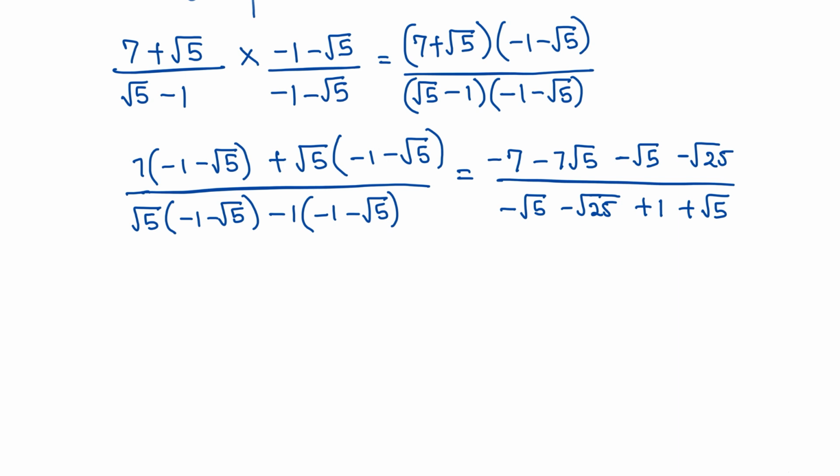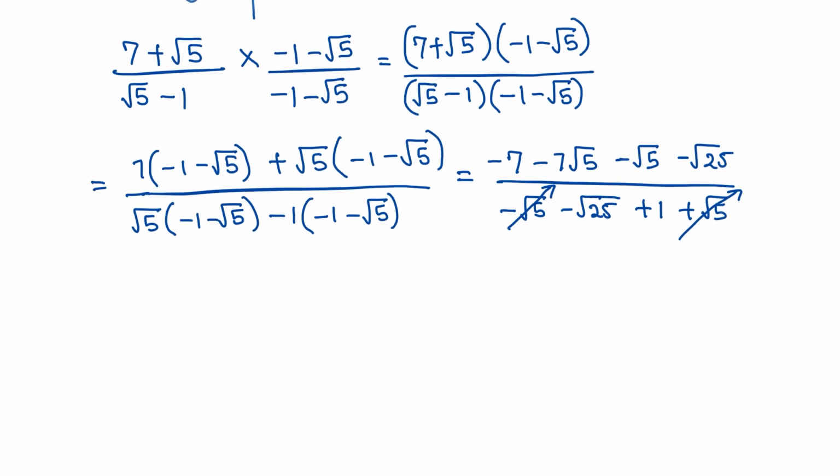As usual, minus root 5 and plus root 5 will cancel each other out. And since we know that root 25 is 5, we'll effect that on the next line. So what we'll have is minus 7 minus 5 minus 7 root 5 minus root 5, all over minus 5 plus 1.